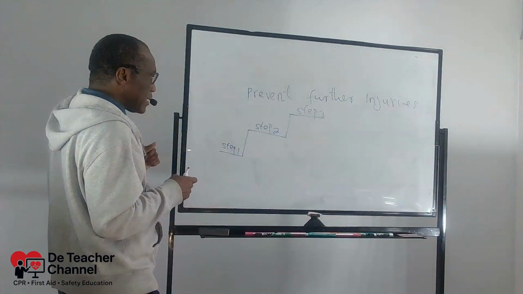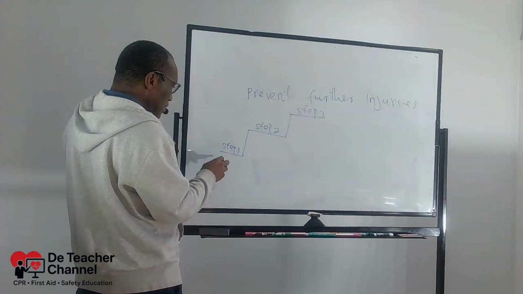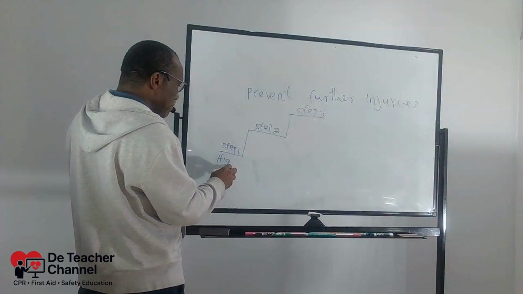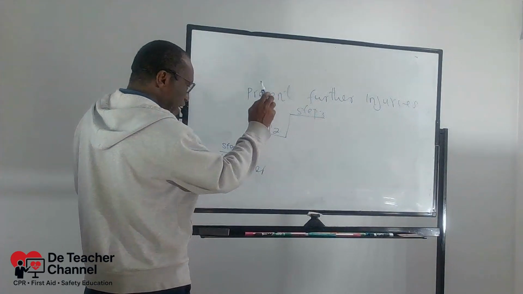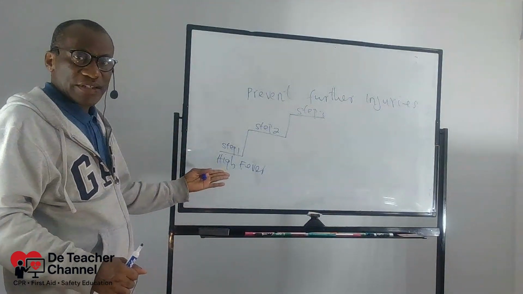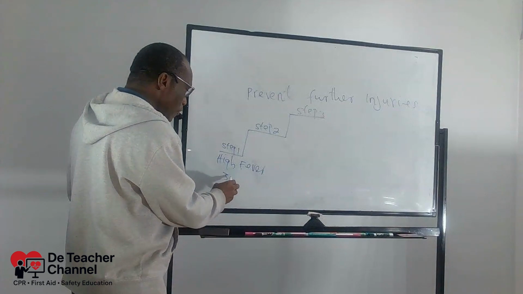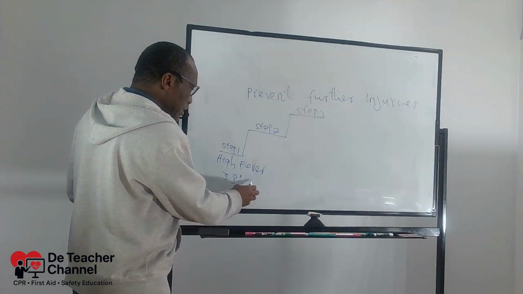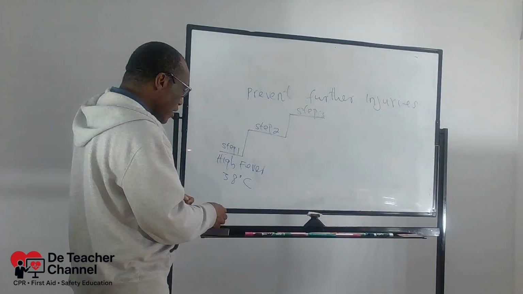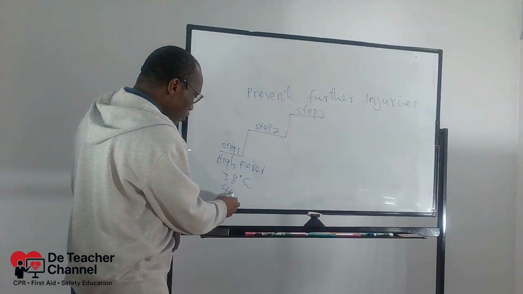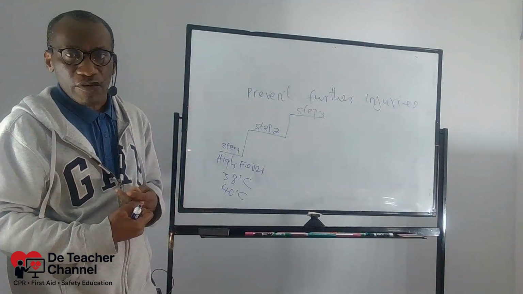Let me give you some example of what I am talking about. Let's take a high fever example. High fever in children. So high fever is a medical condition. For example, if the temperature of a baby is 38 degrees Celsius or more, that is an emergency right there. For a child, a temperature of 40 degrees Celsius or higher is also a medical emergency.